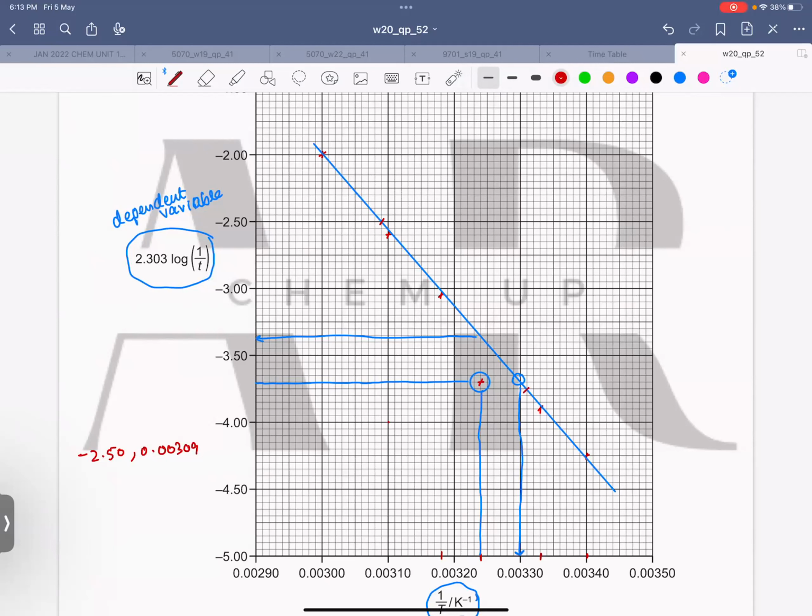This one, which is 0.00331, and here it is minus 3.75, right?